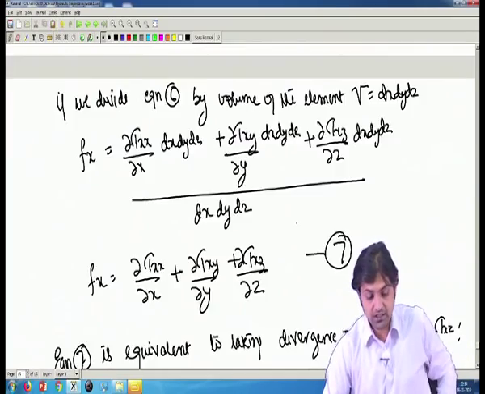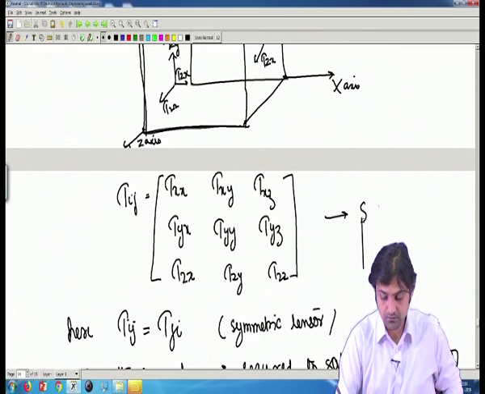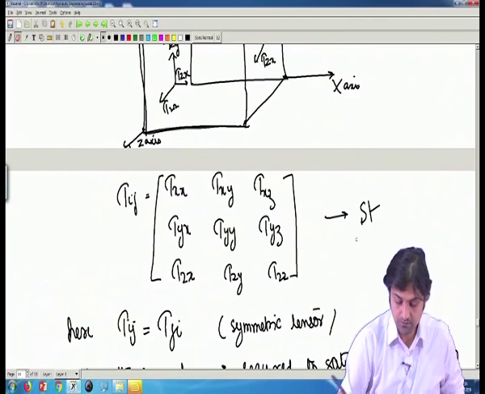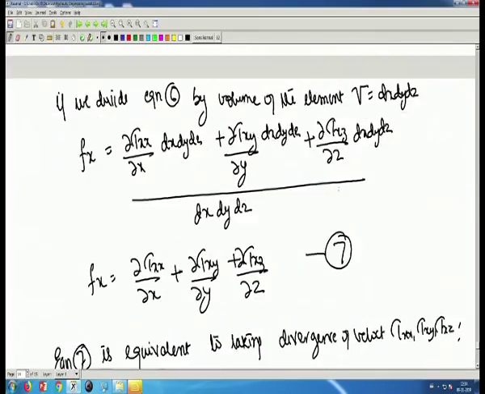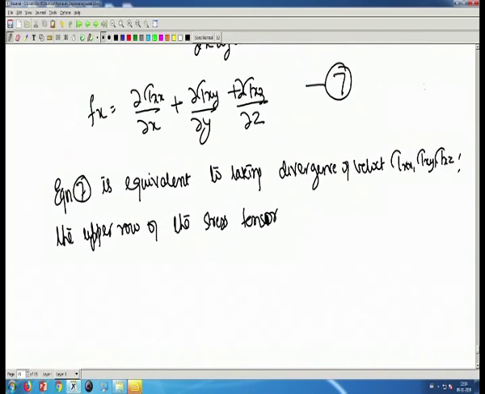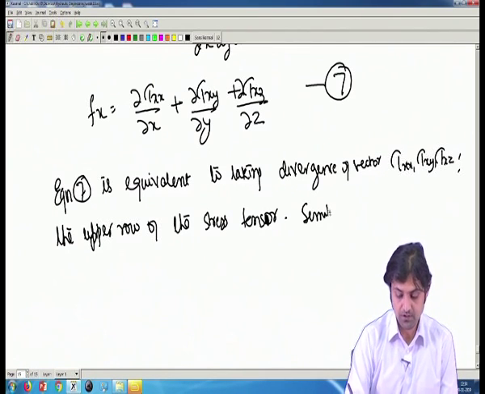The stress tensor is the tensor that we have written here. So this is equivalent to taking the divergence of these vectors, the rows of the stress tensor. Okay.